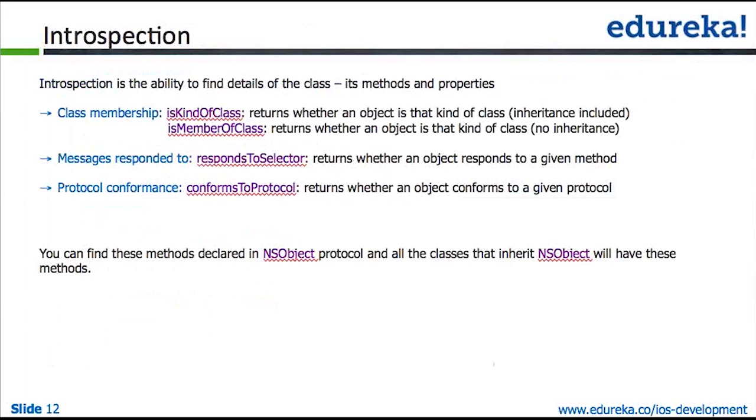So we can do that, and then we can check. And third is conformsToProtocol. So when you say conformsToProtocol, it means that this object has implemented the methods which have been defined in that protocol.